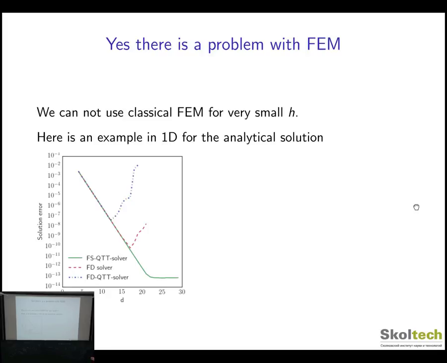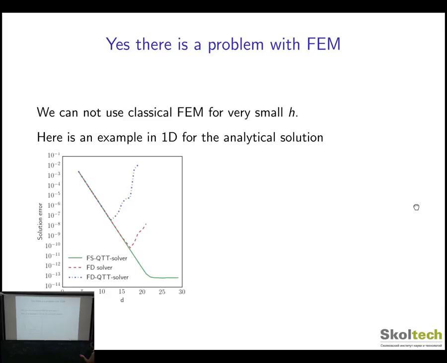They are unstable for very small mesh sizes. For example, here the green line is our new solver, which I am going to talk about. And what happens is that when you go here, the error of the finite difference solver goes up. This is the comparison with the analytic solution.